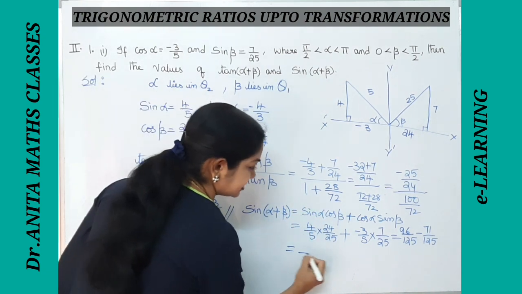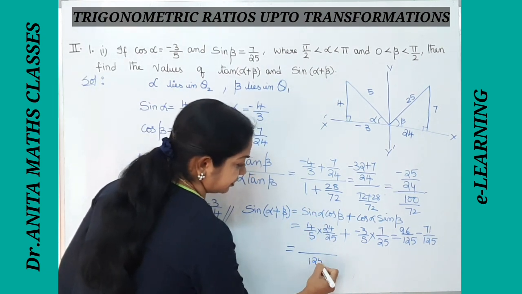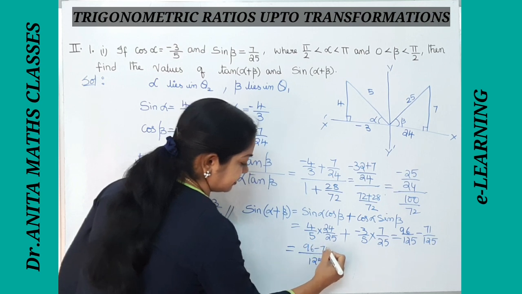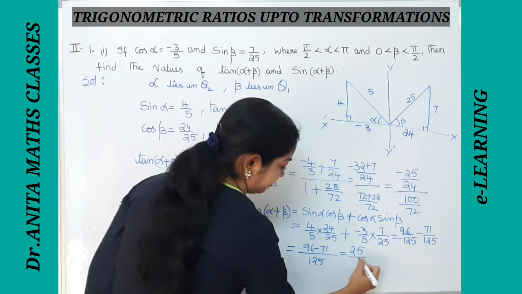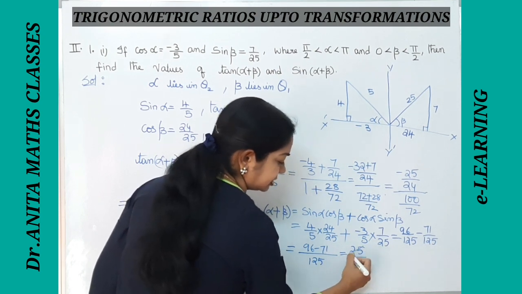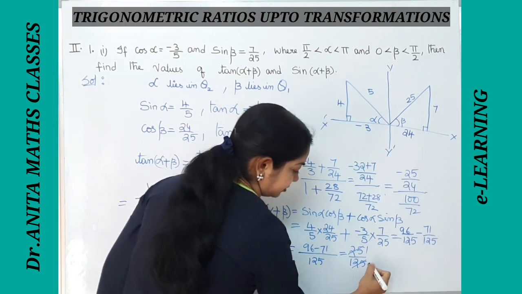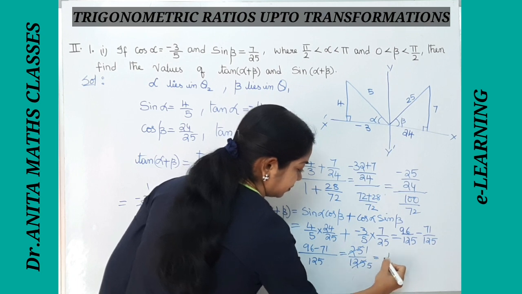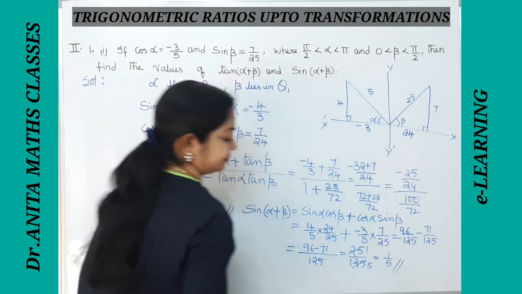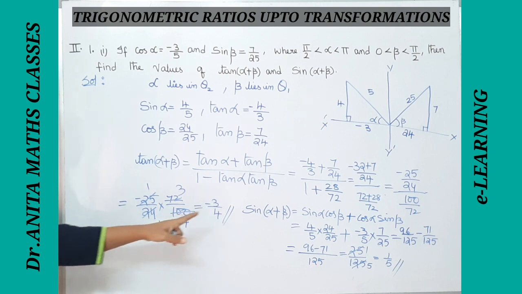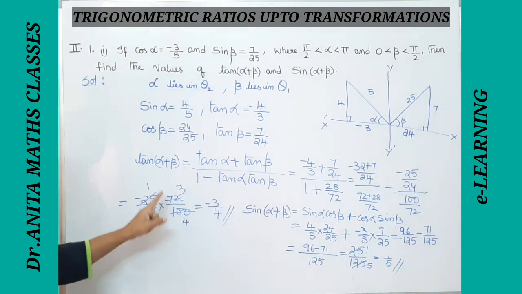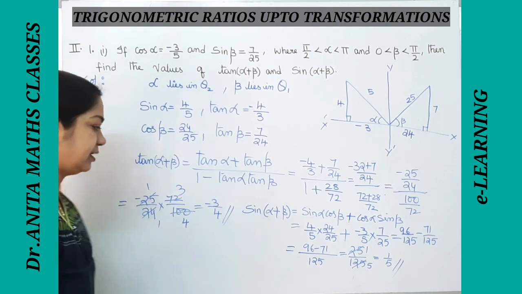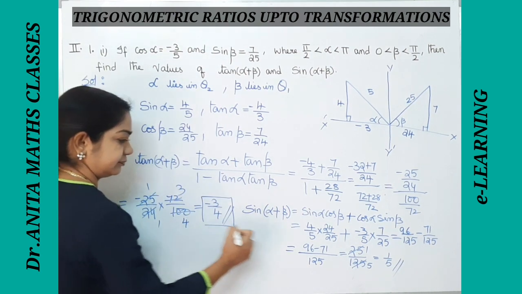Now if you take LCM there, 125, so 96 minus 71 comes to 25. So 25 by 125, clearly this is 5 ones, 5 fives. 1 upon 5 is the answer. So sin of alpha plus beta is 1 by 5, and we got tan of alpha plus beta as 3 by 4. This is the answer.